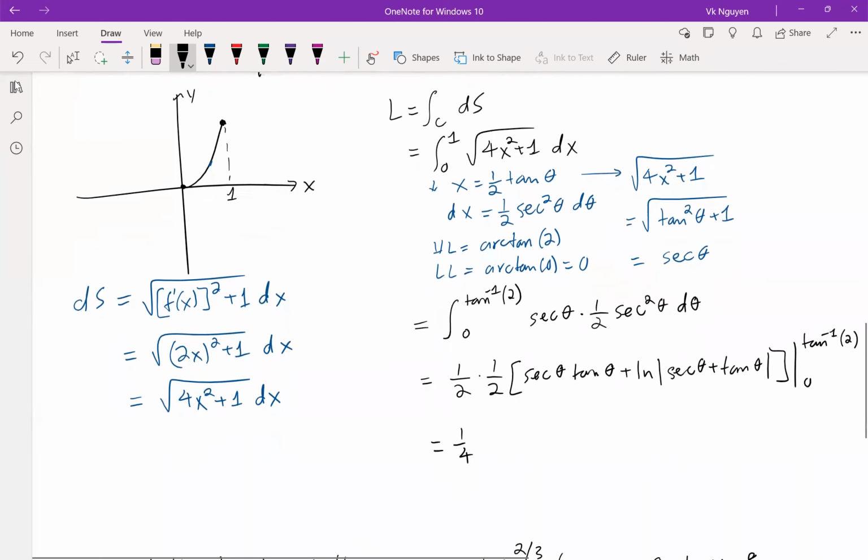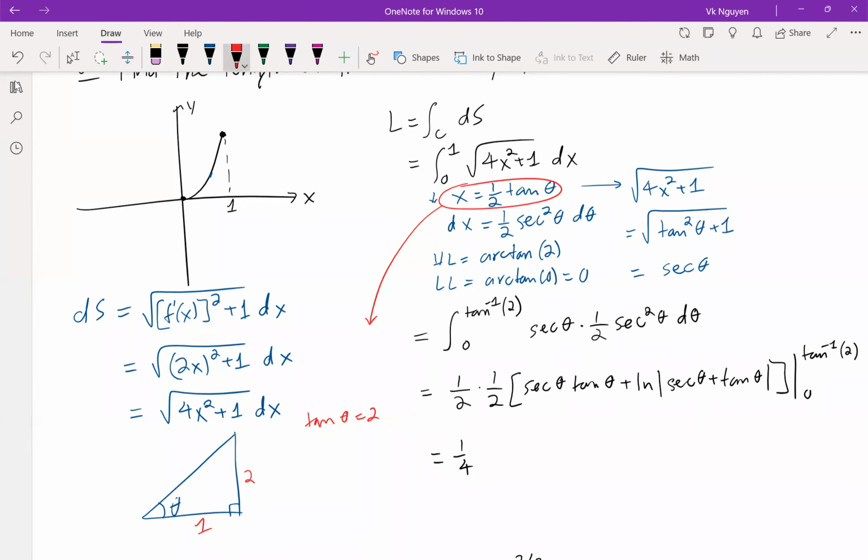Well, to do that, you're going to draw out a right triangle: 2, 1, and thus the hypotenuse is root of 5. Secant of the angle is root 5.